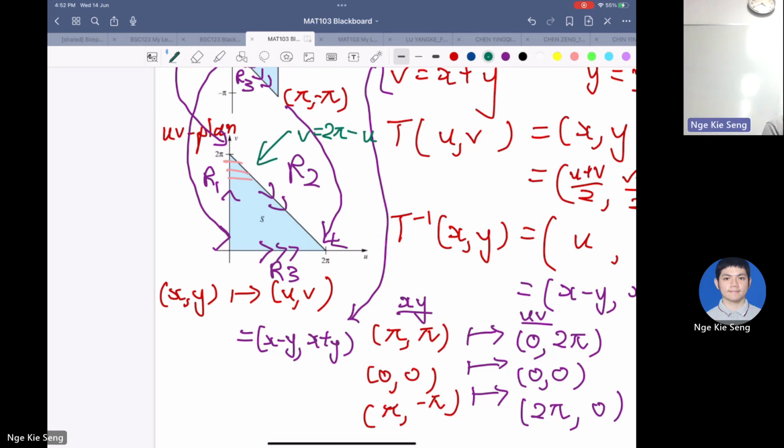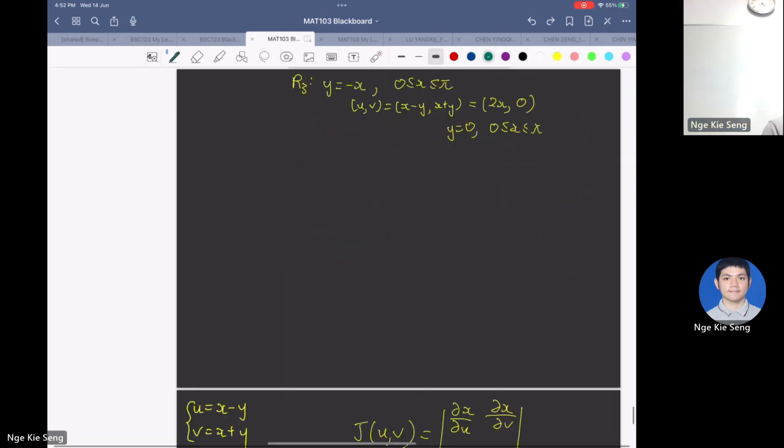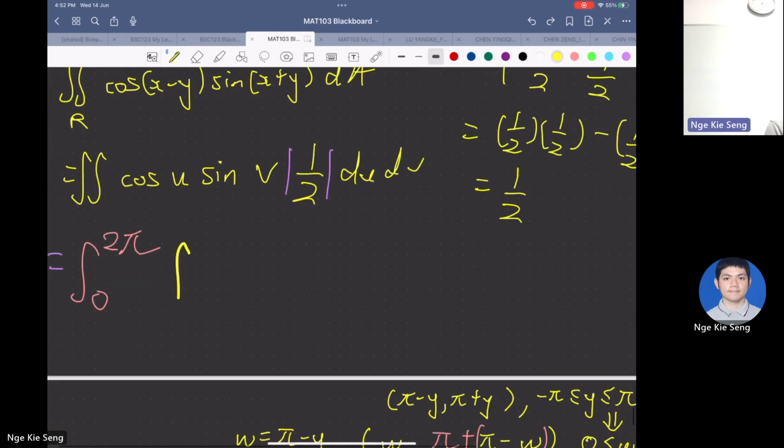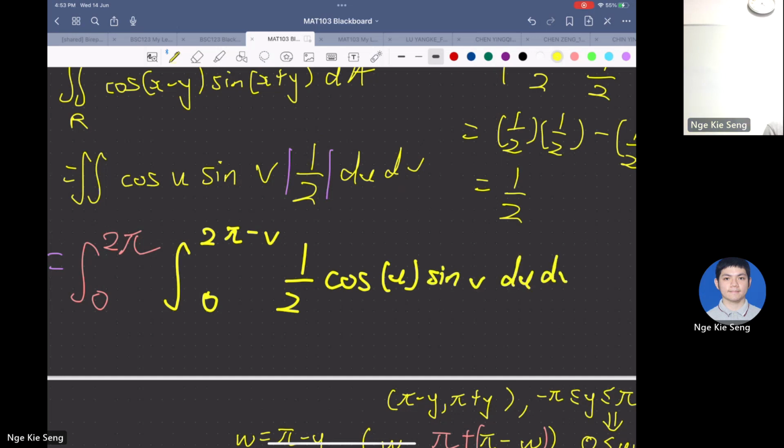Correct? Just now it says that this is the minus x line and then shifted up by 2 pi. So this is our integration domain. Let's put it down: integration from 0 to 2 pi minus v, and then half cos u sine v du dv.